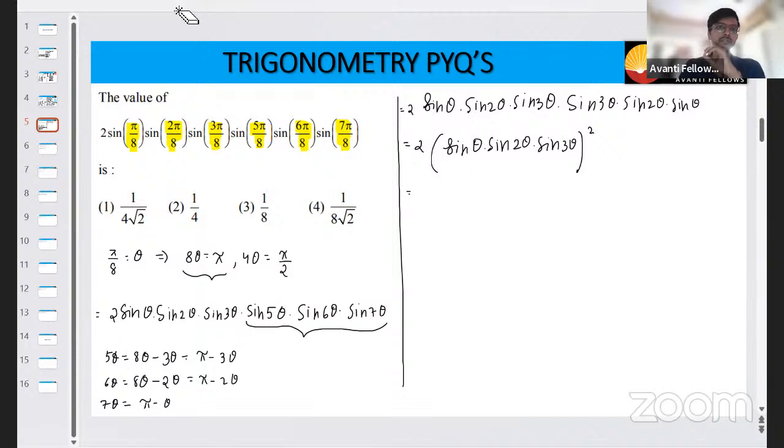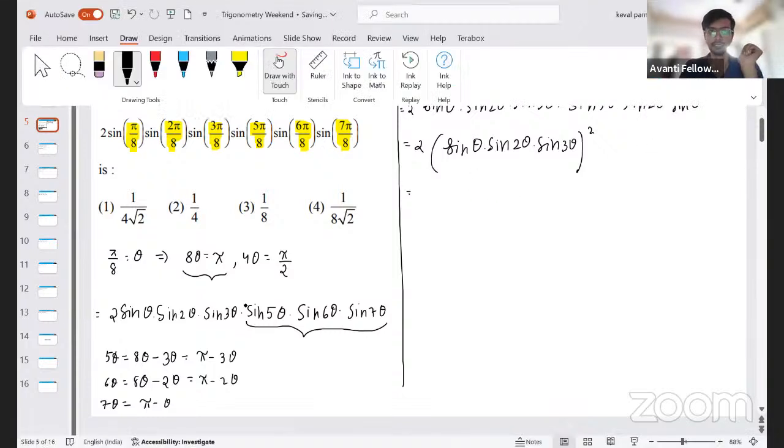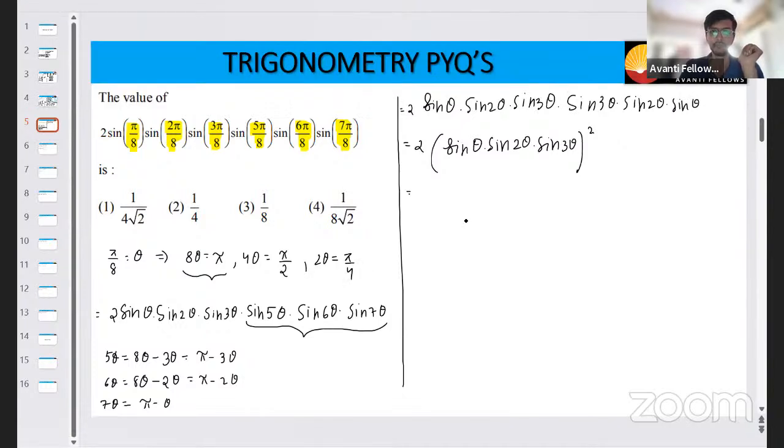Yeah, here sine 2 theta. What is 2 theta? 2 theta is pi by 4. So we can write it as here sine theta into sine 2 theta is 1 by root 2, right? Into sine 3 theta the whole square. So this 2 and this 2 will get cancelled. I'll get sine square theta into sine square 3 theta, right?